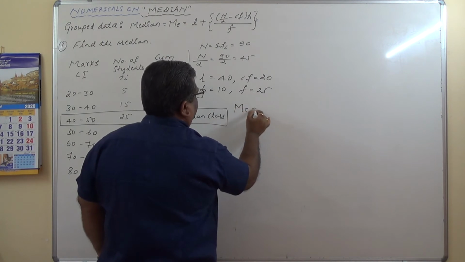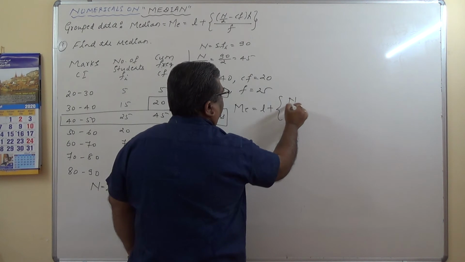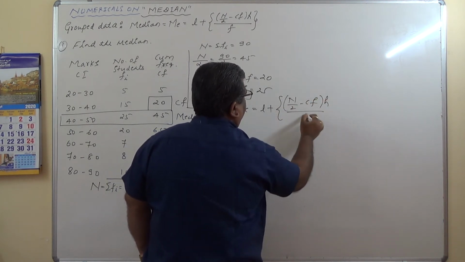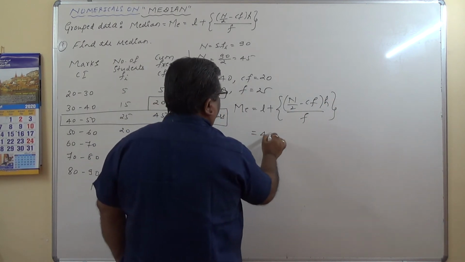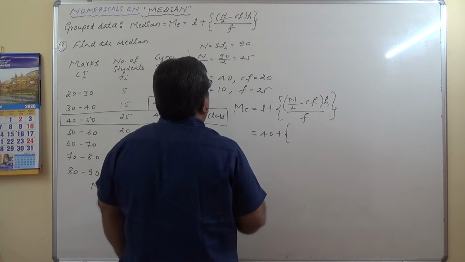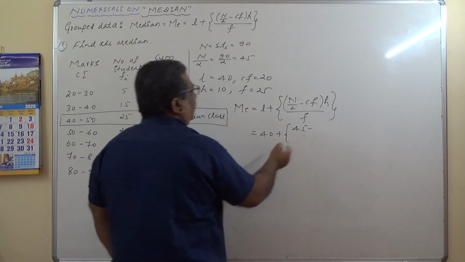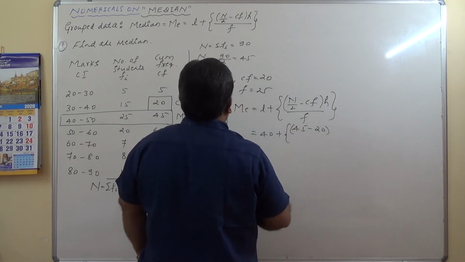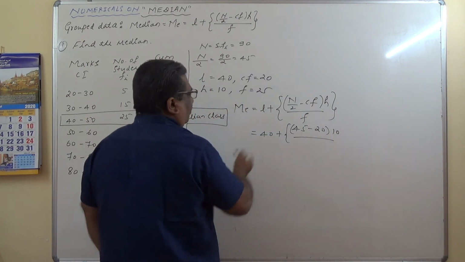So median is equal to L plus (n by 2 minus CF) times H, the whole divided by frequency. L is 40 plus, in bracket, n by 2 is 45 minus CF is 20, into H is 10, divided by frequency F is 25.